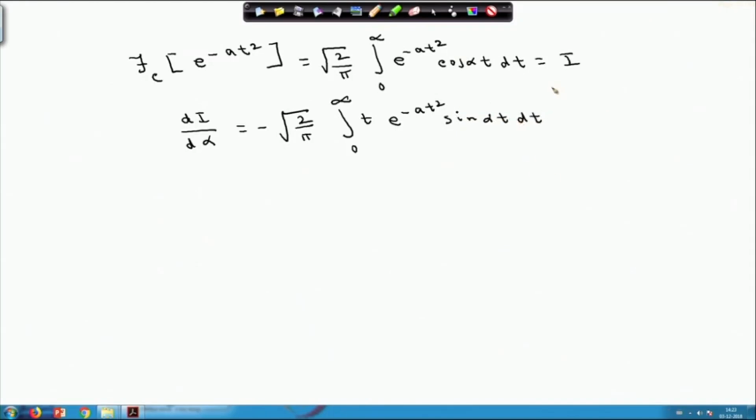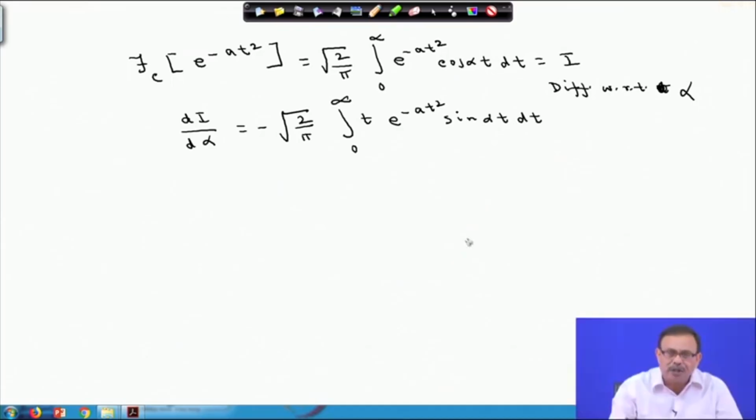So basically, you are differentiating not with respect to t, but with respect to alpha on both sides of the given equation, and using differentiation under the sign of integration, I am just writing dI d alpha equals minus root over 2 by pi, integral 0 to infinity of t e to the power minus a t square sin(alpha t) dt.